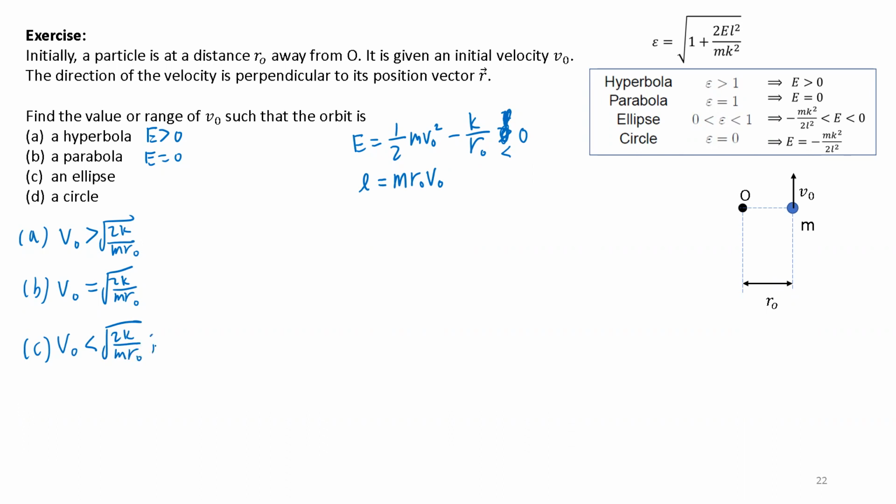However, this is not the end of the story, because remember that it's smaller than 0, and it also has to be greater than this quantity, so minus mk squared divided by 2l squared.